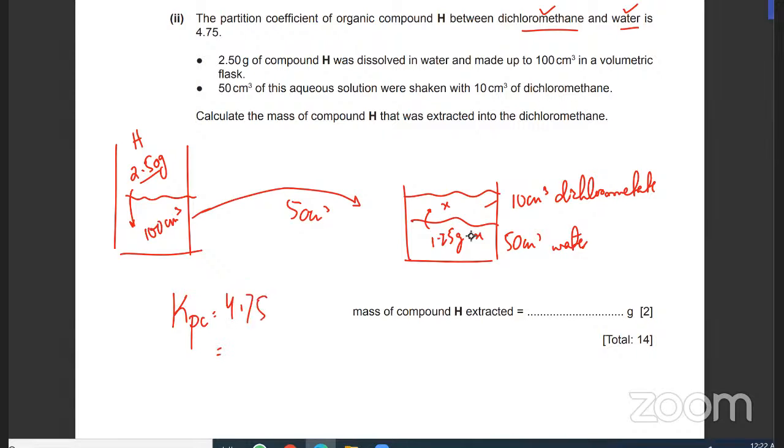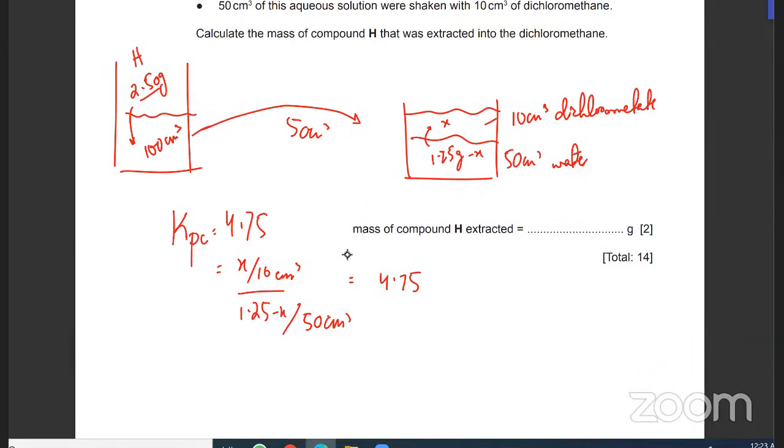So all you have to do is equate: X grams in 10 cm cube over 1.25 minus X grams in 50 cm cube, and you will equate this to 4.75. That's your KPC expression. And you'll solve this.